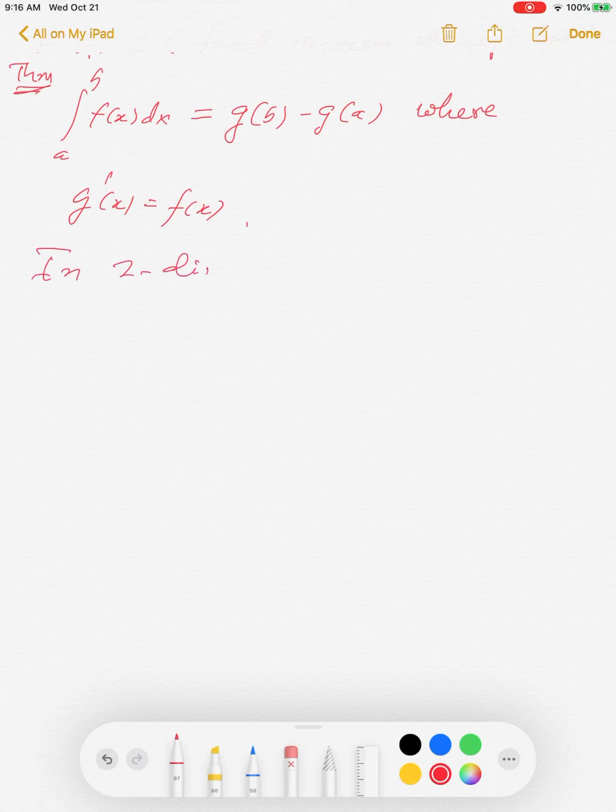In 2 dimensions, we have the following analog of this, which gives you a way of evaluating a double integral as a repeated integral. So this is a theorem.